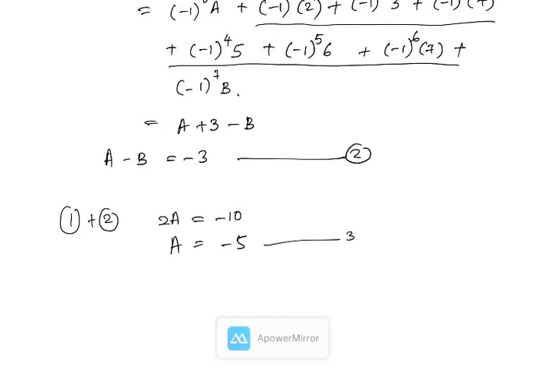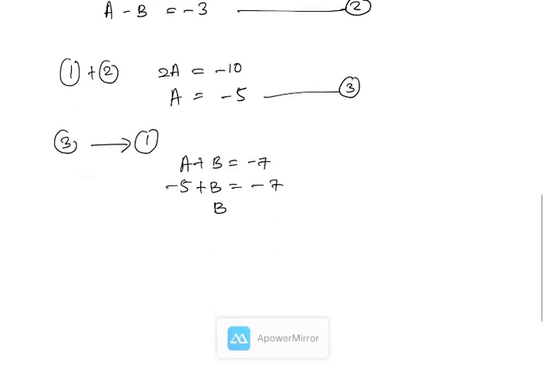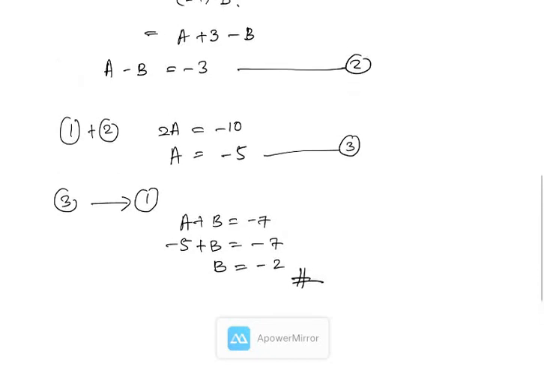This is equation number 3, and I substitute 3 into 1. So a plus b equal to minus 7, minus 5 plus b equal to minus 7, b equal to negative 2. So I have solved the question in which a is equal to minus 5 and b equal to minus 2. Okay, that's all for the question.